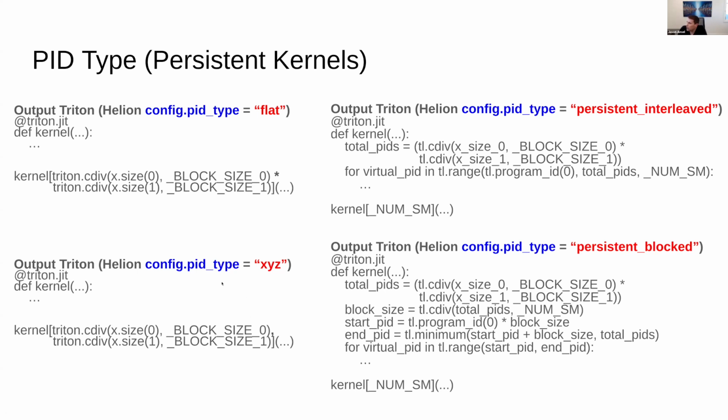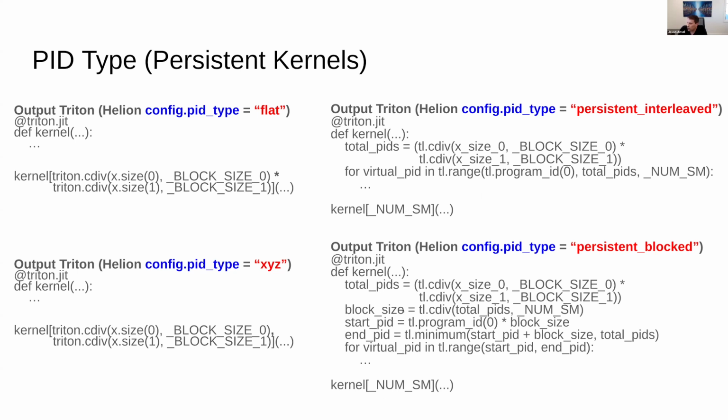This might be how a lot of the examples will look. But then you have these 2 types of persistent PIDs. For persistent kernels, instead of using the launch grid, you just launch the number of SMs programs. So both of these just say launch the kernel with num SMs.